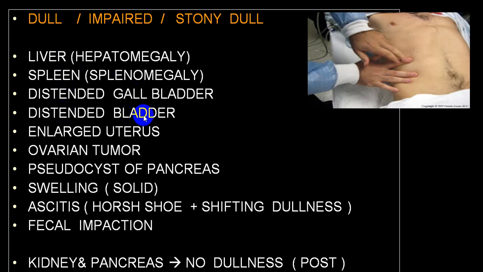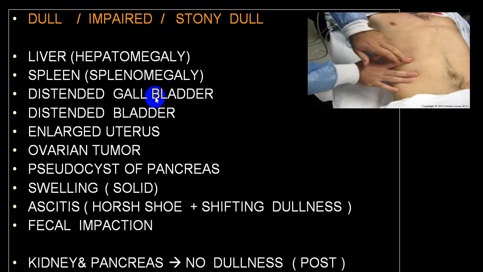Distended bladder is also filled with urine which is a liquid, or we call fluid, that will also be dull. But only when it becomes suprapubic will it be percussible with a dull note. And usually a distended gallbladder will be tender, because it is very commonly associated with cholecystitis.